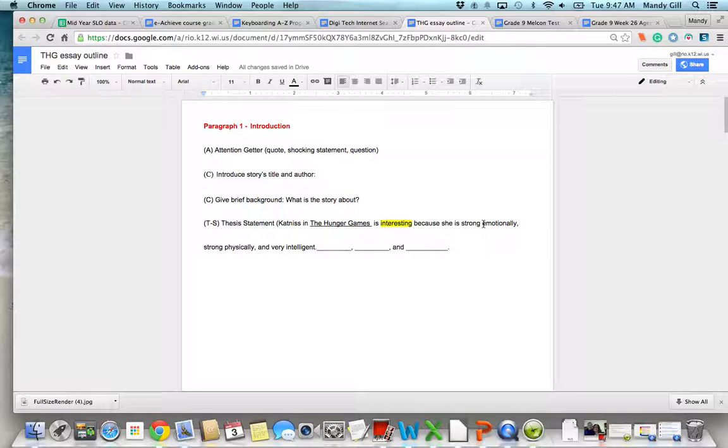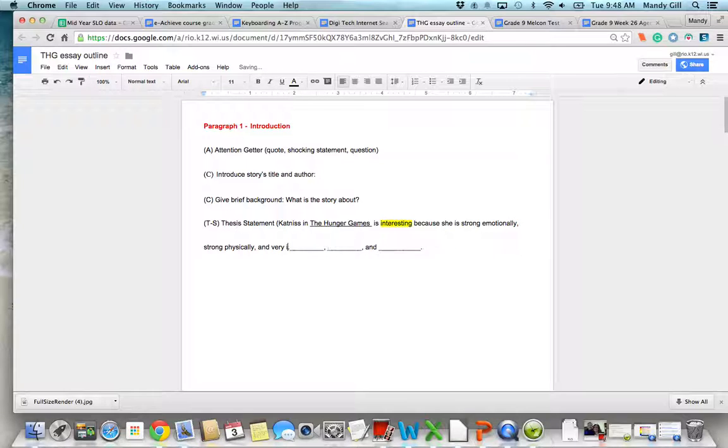Your first body paragraph is about how she is strong emotionally, and you'll be giving me 3 examples to prove that. Your next body paragraph would talk about how she is strong physically. Again, 3 examples to prove that. And finally, in your last body paragraph, how she's intelligent with 3 examples to prove that.